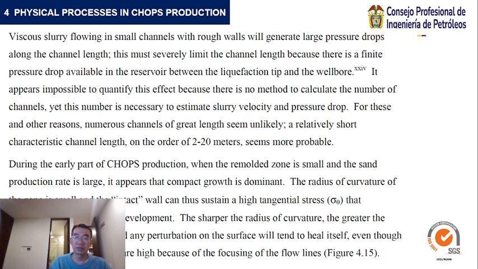The sharper the radius of curvature, the greater the stability of the sand face, and any perturbation of the surface will tend to heal itself, even though the local pressure gradients are high because of focusing of the flow lines.